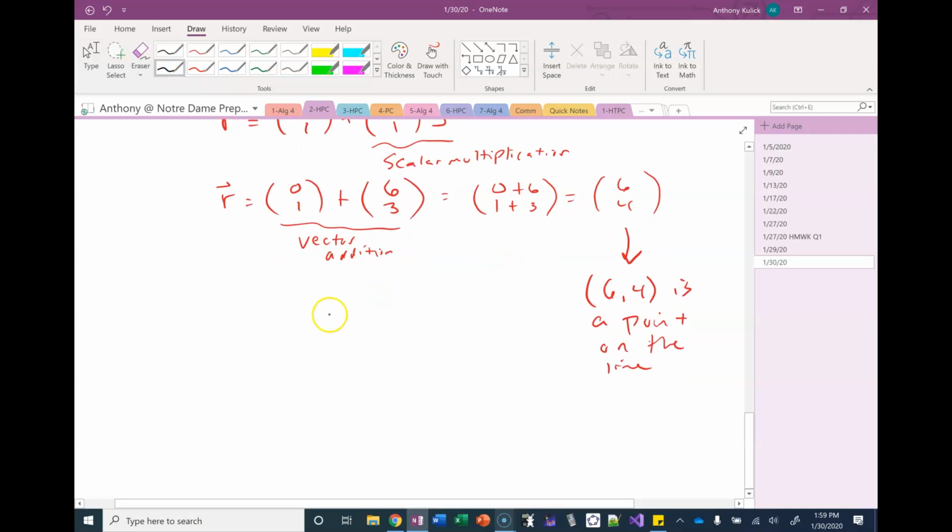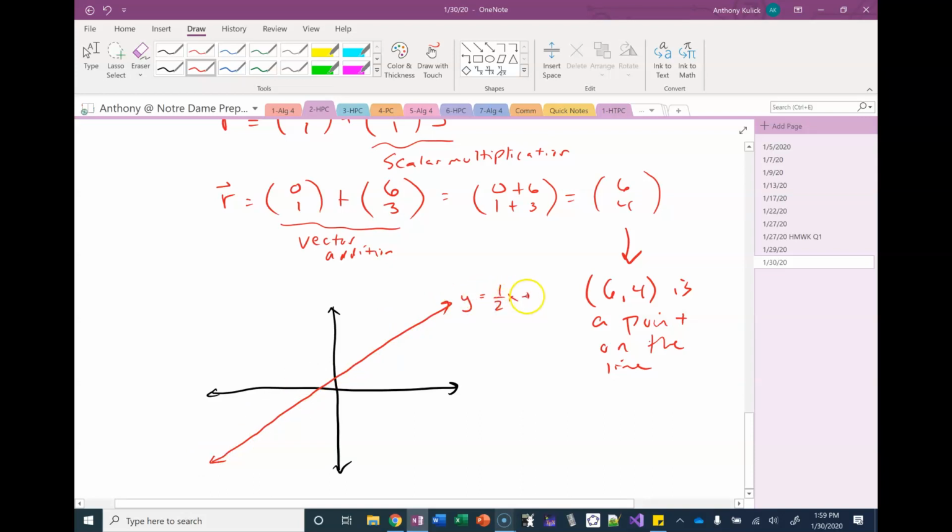Just to kind of illustrate to you what's going on graphically. So let's say here is our line. When we picked t equals 3, what we did is we found this vector whose terminal point is the point 6, 4.